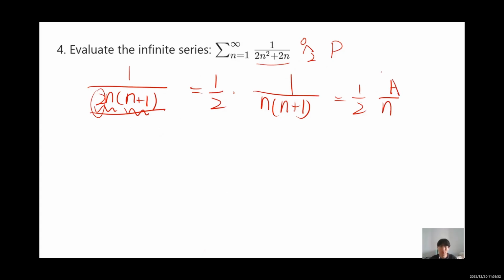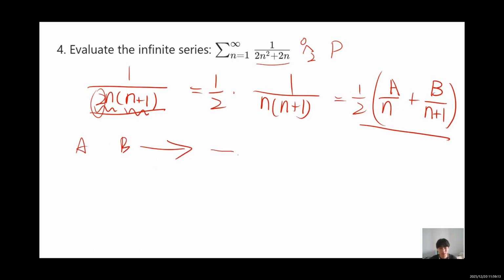A over n plus b over n plus 1. And that's the same as what we have done, right? So we just need to get the a and b and continue to plug in and cancel, then get the final answer.